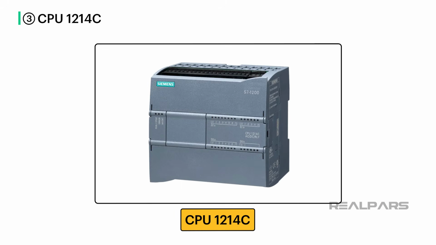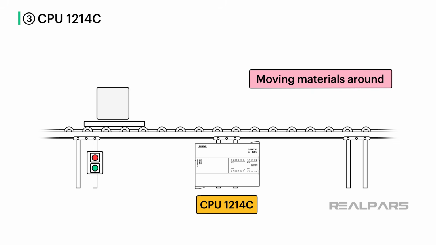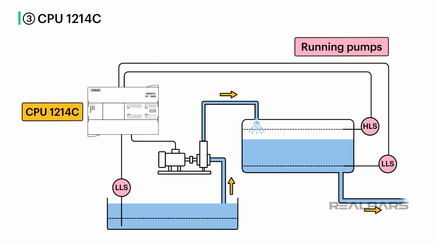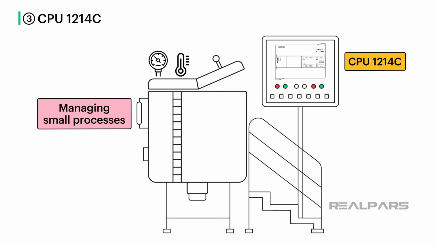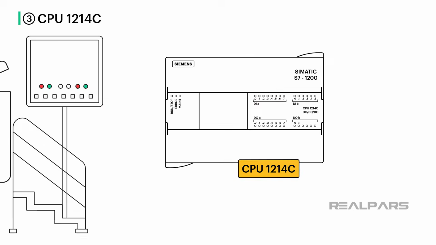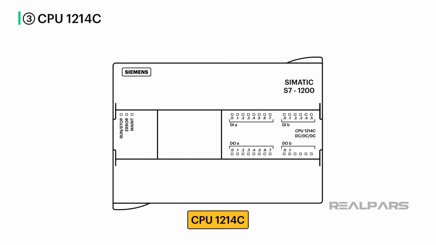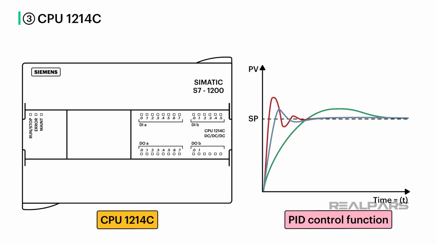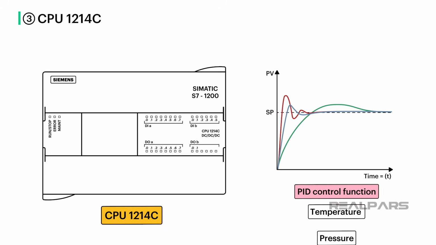Moving on to the 1214 model, this is a popular choice for more advanced automation applications, such as moving materials around, running pumps, or managing small processes. With the 1214, you can also create PID control functions, just like with the 1212. PID control is a way to regulate parameters like temperature and pressure in factories.